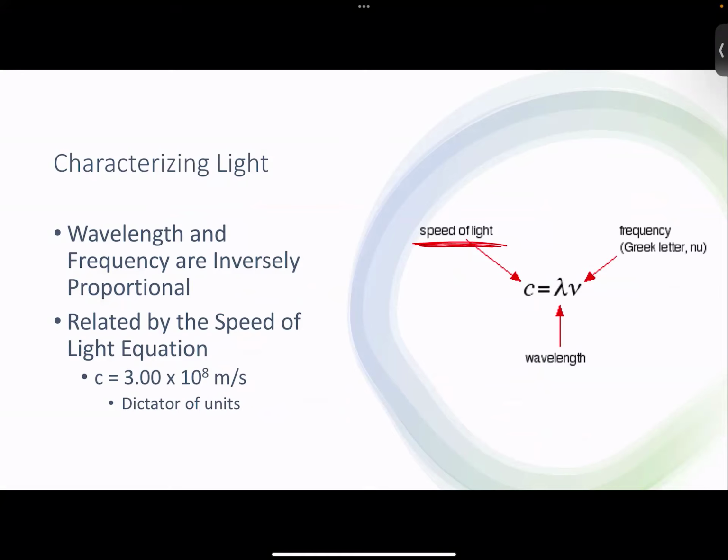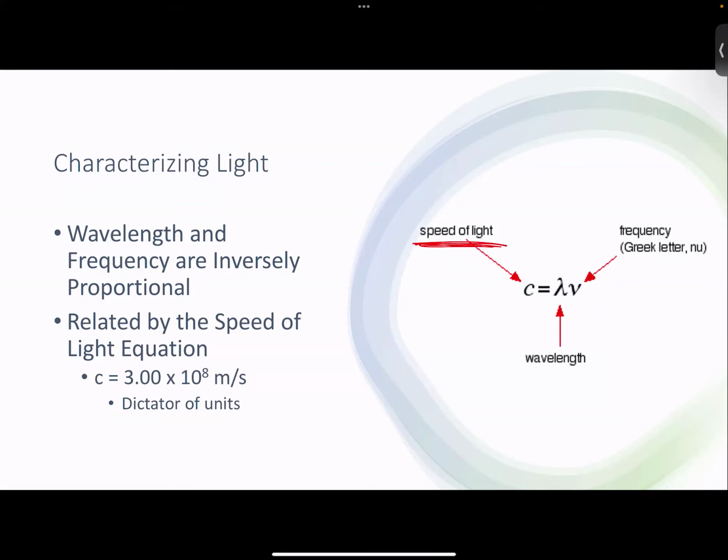It is always 3.00 times 10 to the 8 meters per second. Now, that's really dependent upon which table you look at, because some tables will list it as 2.998 times 10 to the 8 meters per second. But basically, it is 3 times 10 to the 8 meters per second.